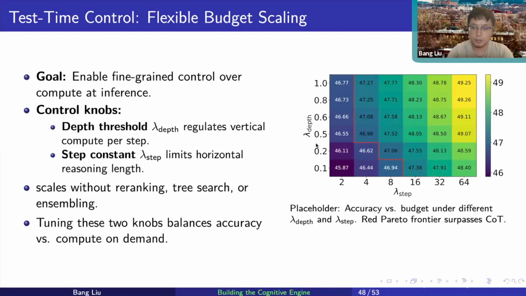Another is lambda step, which means how many reasoning steps I can use before I produce the answer. So you can see we don't need to fine tune or retrain the model. You just change lambda step and lambda depth. You can control how many steps I can reason and how many depths I should reason. Then it balances reasoning efficiency and reasoning effectiveness, the performance, right?